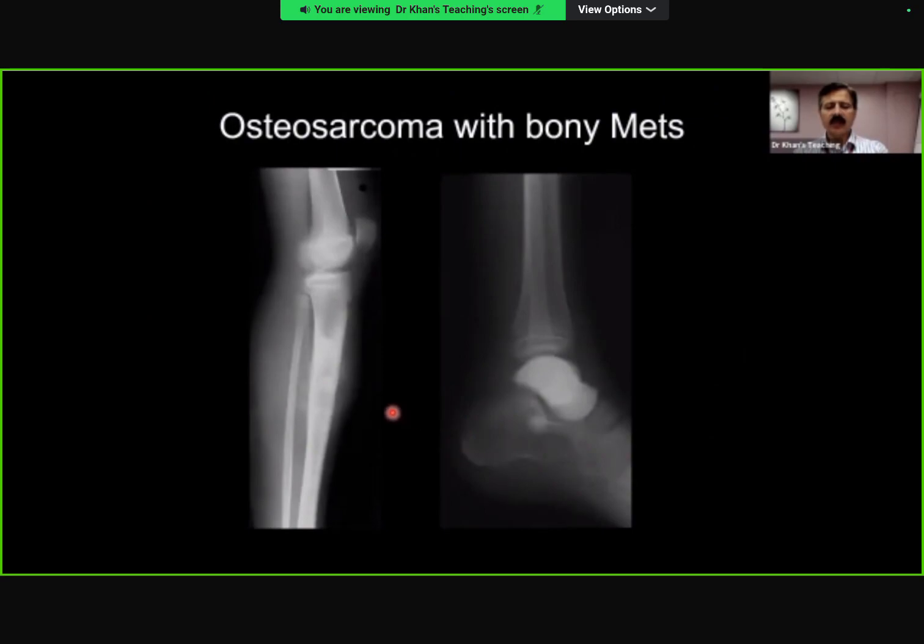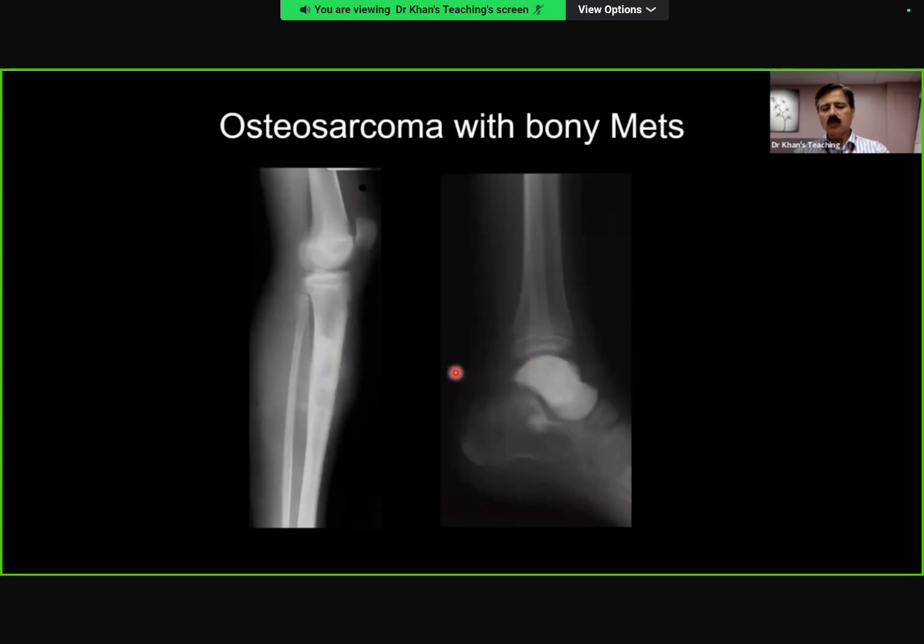Osteosarcomas can have metastasis within the bones. There is a bit of discrepancy in literature. Some people use the word multifocal osteosarcoma, and the second concept is osteosarcomas which have metastasized to multiple bones. And this is an example where this was the primary lesion, and you can see metastasis in other bones.